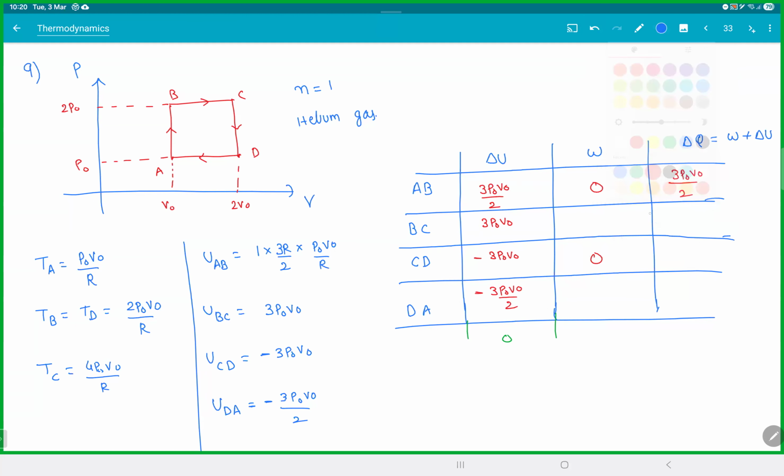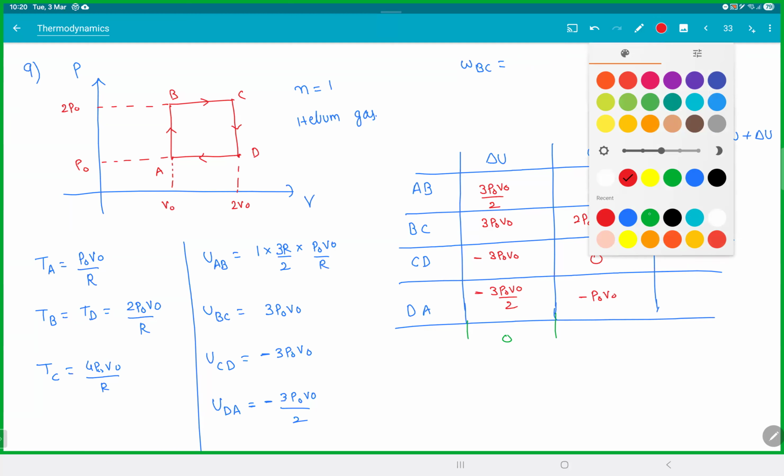Perfect. Then what is work done from B to C? Work done from B to C is an isobaric process, which is nR delta T. So n is 1, R is 1, Tc minus Tb is 2P naught V naught. So that will be 2P naught V naught, and this will be minus P naught V naught. Actually, I can do P delta V. Why am I doing nR delta T?